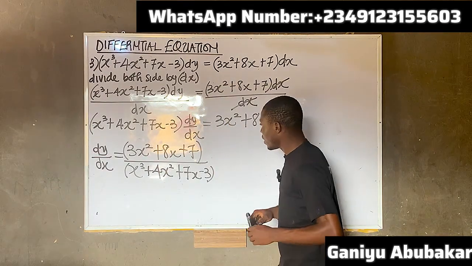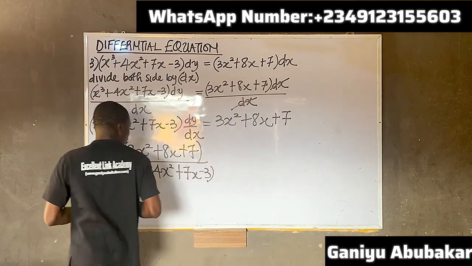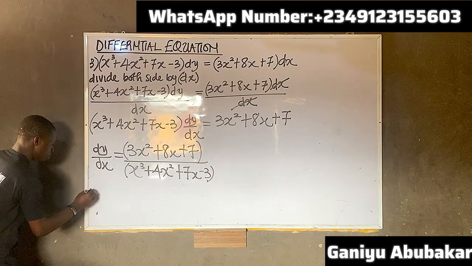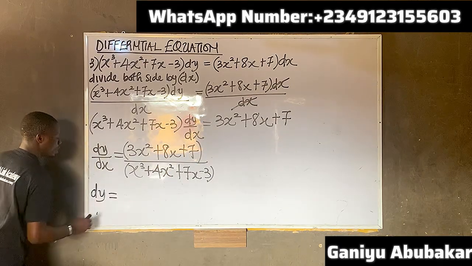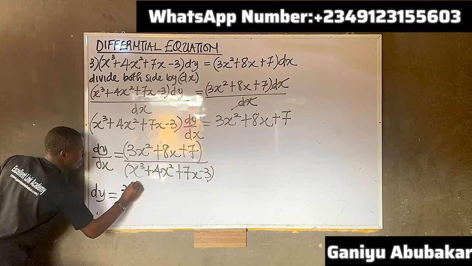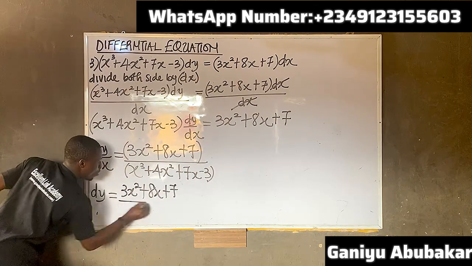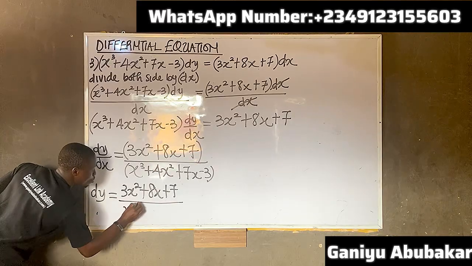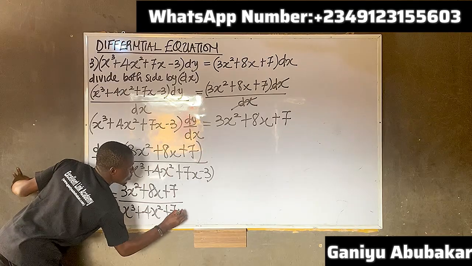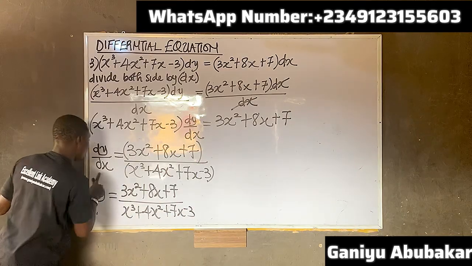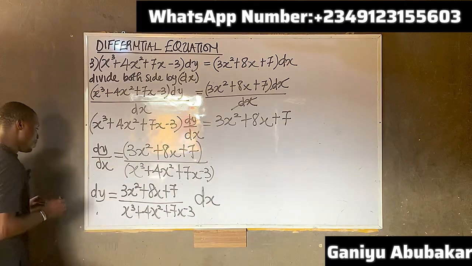In this case, we said take the dx first to the other side. So take the dx to the other side. I'll have that dy is equal to everything here: 3x squared plus 8x plus 7 all over x cubed plus 4x squared plus 7x minus 3, of course, with the dx here.